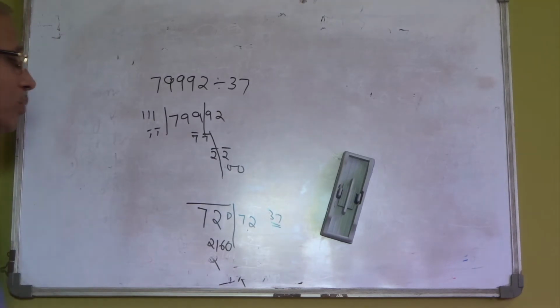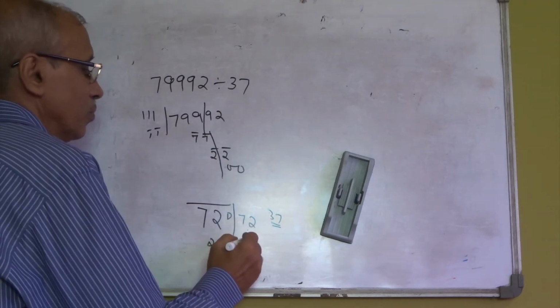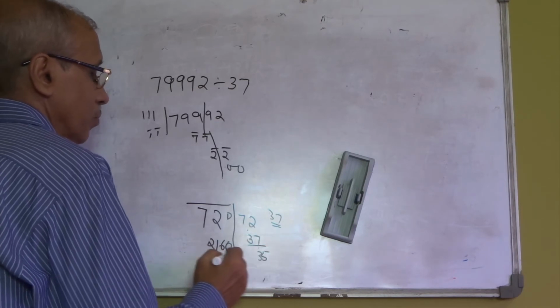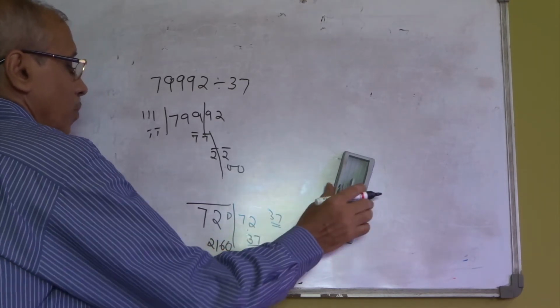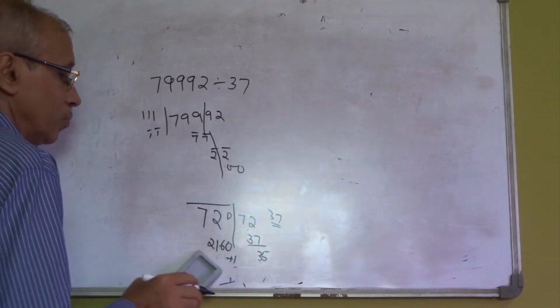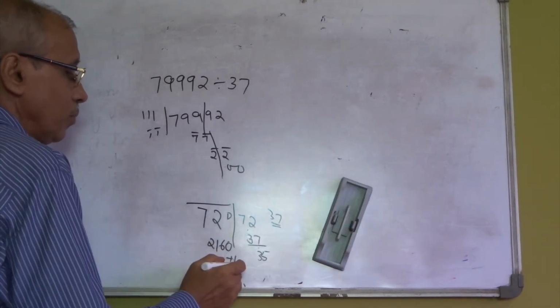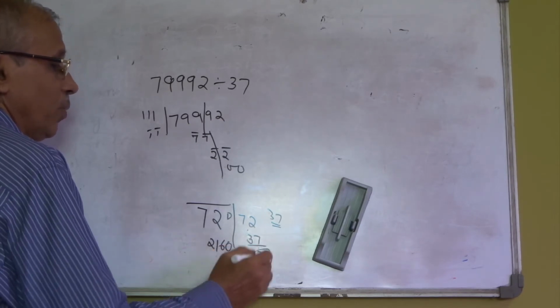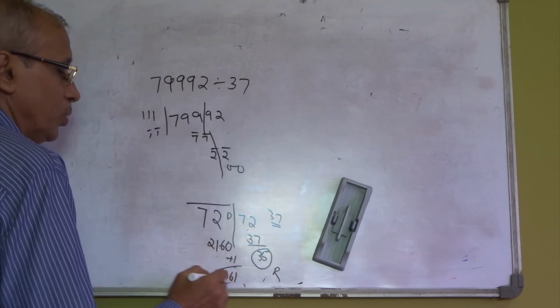So one time it goes. Remainder 30. Quotient is 216.